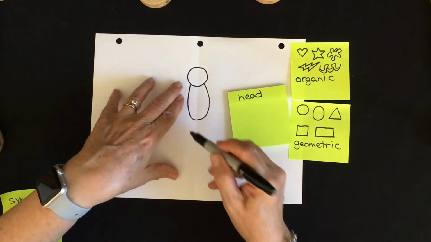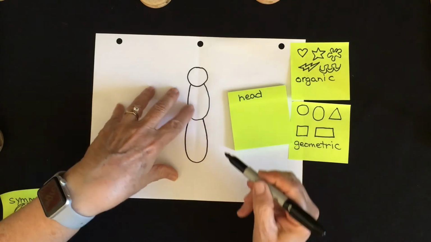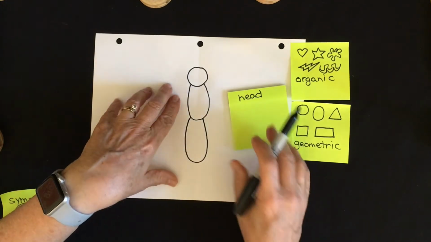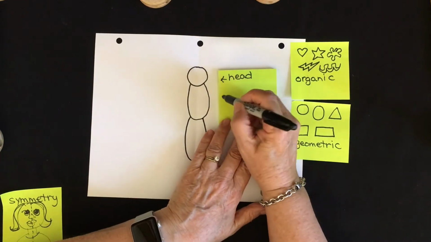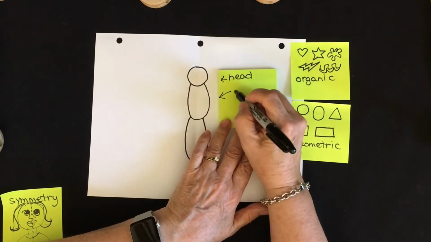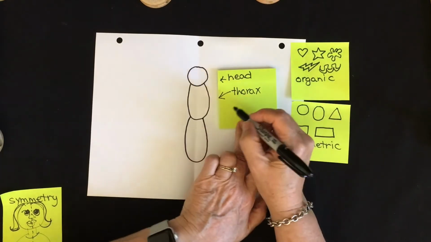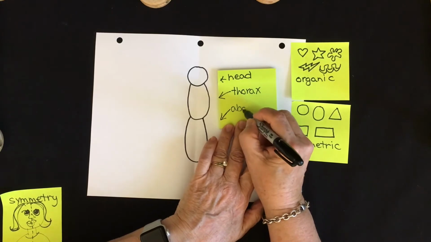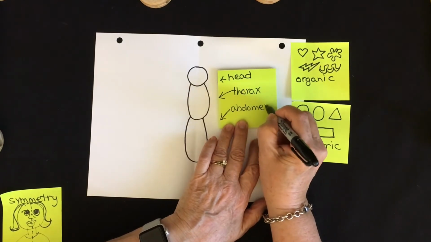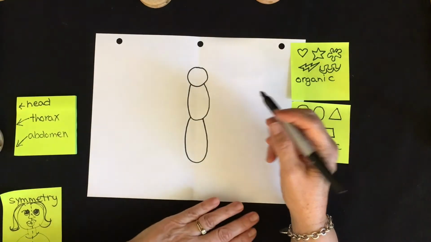Now I'm going to make another oval, maybe a little bit longer, overlapping again. This part of the butterfly's body is called the thorax. And the last part, this long part, is called the abdomen. Abdomen. There.